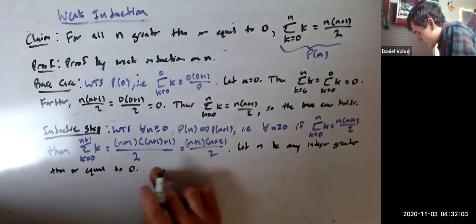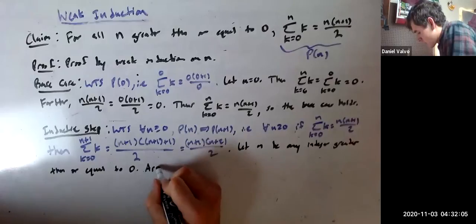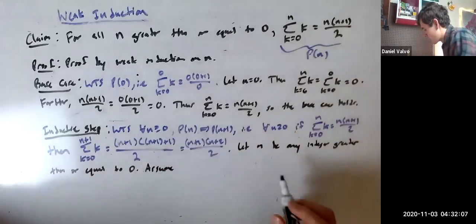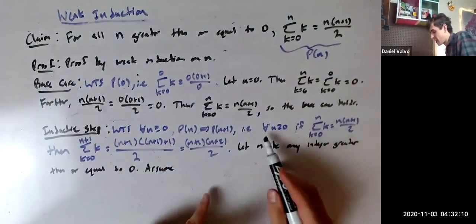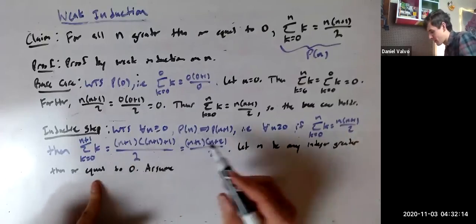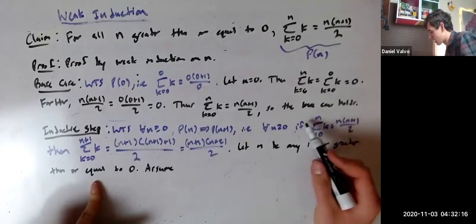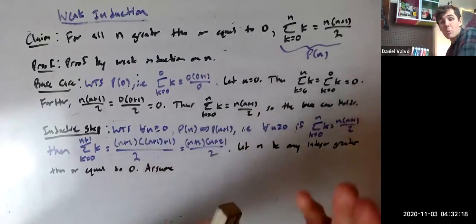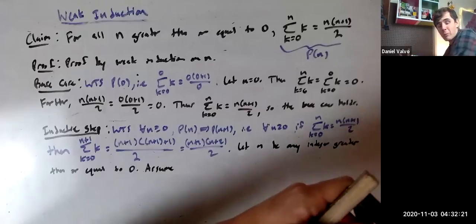And I'll say assume. So now we're doing a direct proof, right? We're proving an if-then, which we're doing here. You first let n be in your domain, and then you assume the hypothesis. So we're going to assume this part right here. So assume it holds for n, assume P of n holds. We're going to prove P of n plus 1 holds.